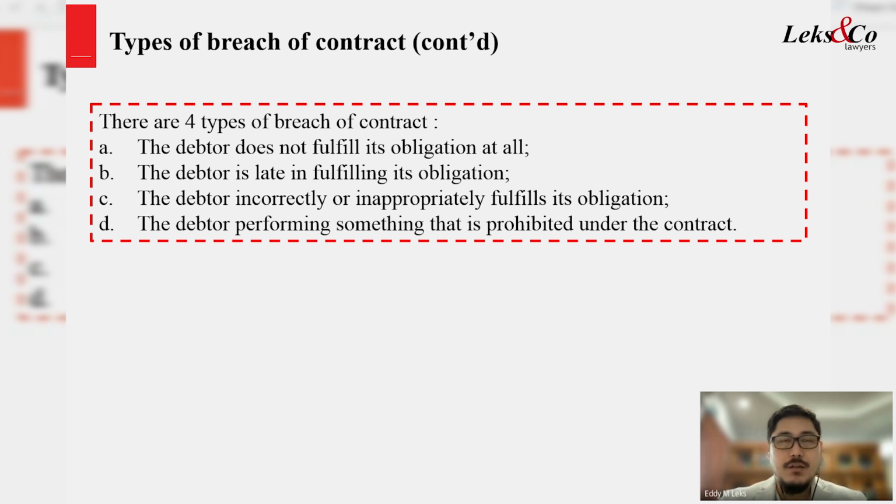But if there is a negative covenant, and there are some violations of negative covenants, you do what you were supposed not to do, well, it is considered as a breach of contract. And since it is considered as a breach of contract, the loan agreement can be considered as due and payable by the bank.